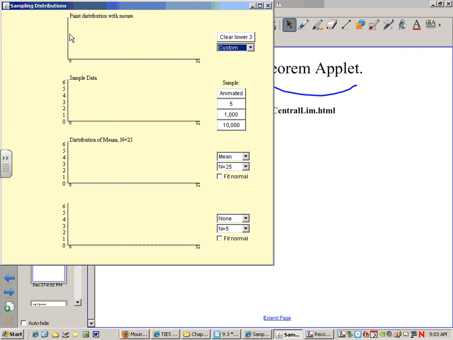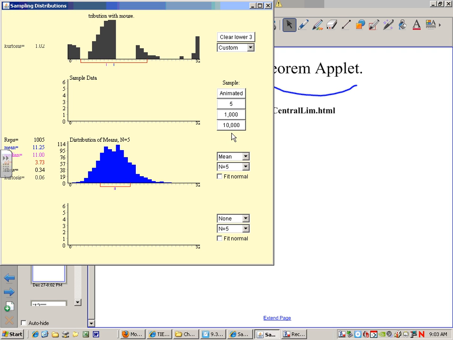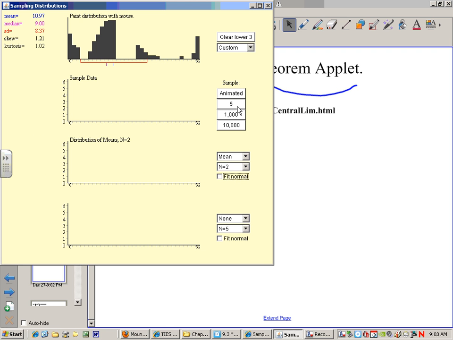Now I'm going to make my own distribution. And I'll put some weird gaps in here, like that. If I did, now I'm going to do 5. It doesn't look horrible. Let's do it if there was 2.